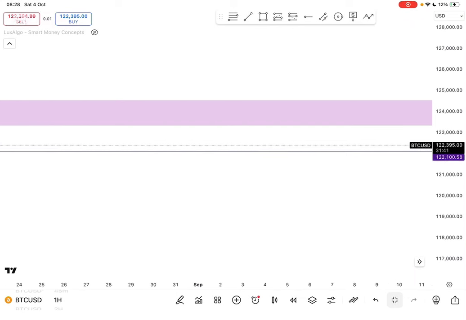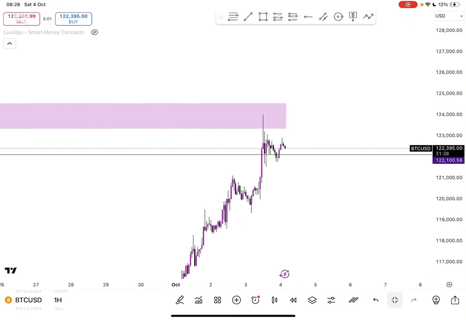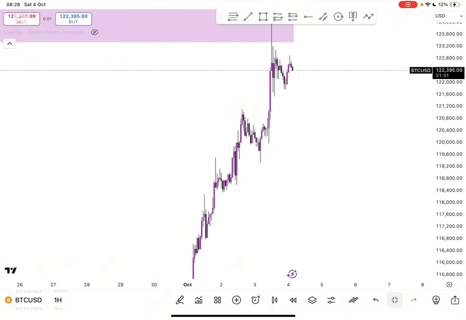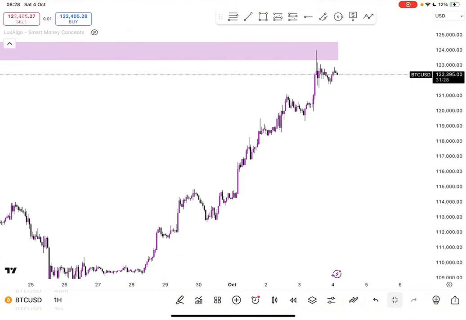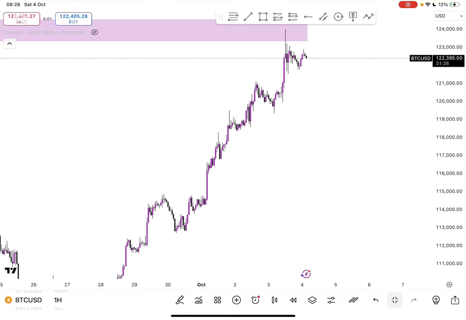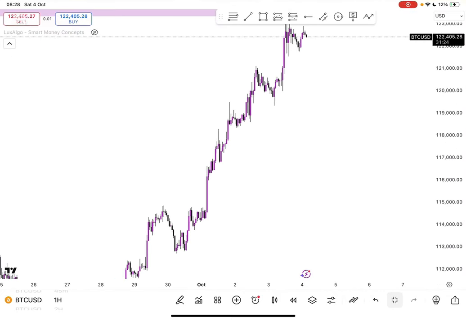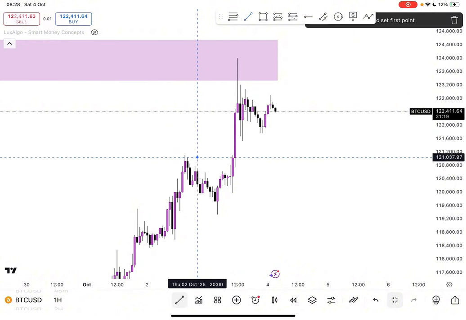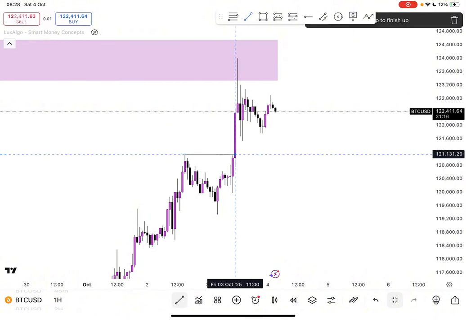So going back to this current price action now, let me take out this line. On the 1 hour time frame, as you can see, markets have been bullish, pushing up. Let's just ignore that yesterday chart and come to the most current price action now. The most current price action here is that we have this break of structure. This is the last break of structure that has occurred here.